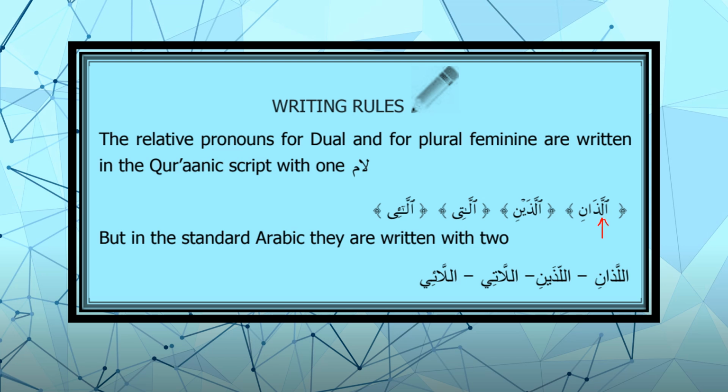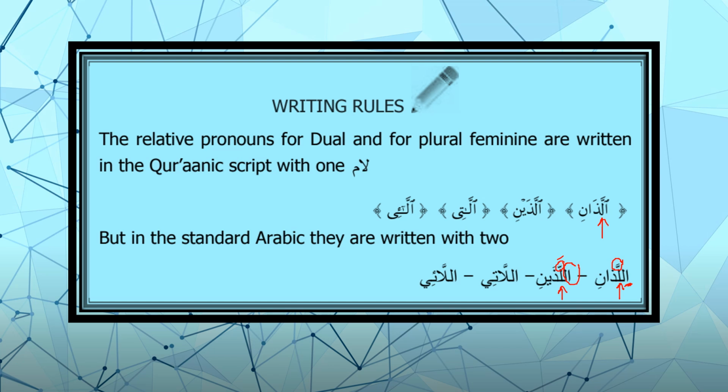So there is one lam with the shadda. But in standard Arabic, you will see the lam at-tarif differently, and there is another lam with shadda and fatha. So you will see an extra lam, with two lams: one is the lam at-tarif and the other is the lam with shadda and fatha.